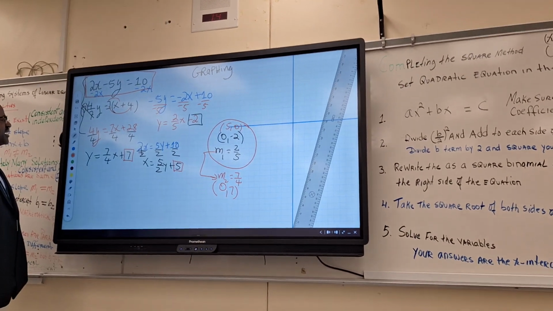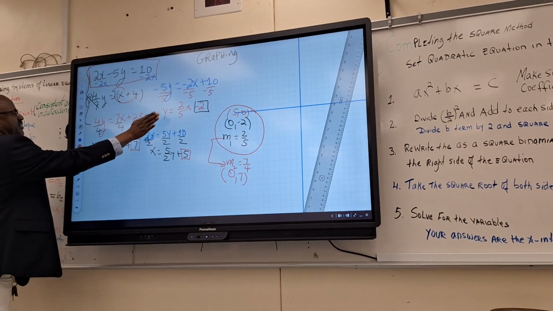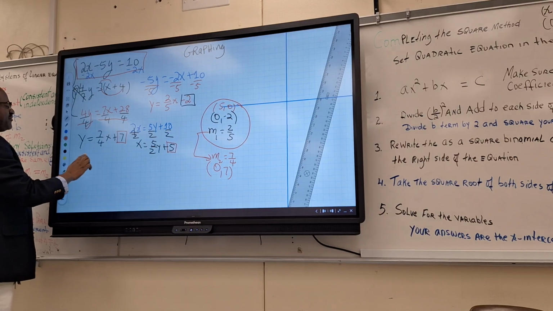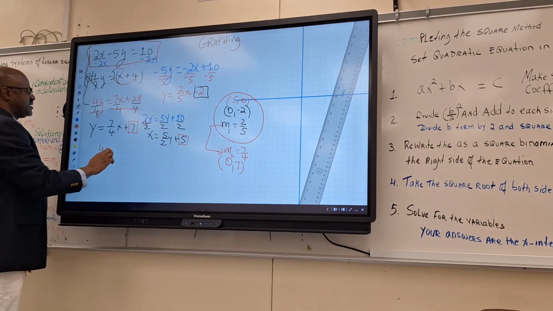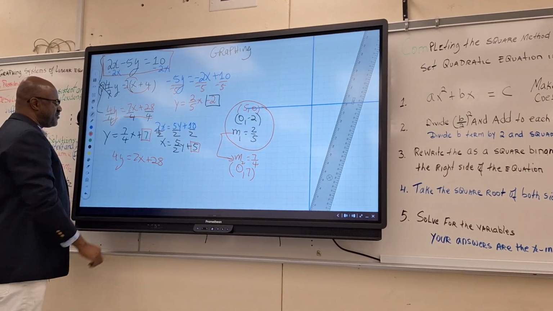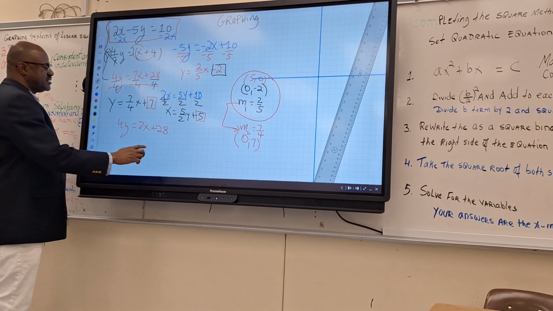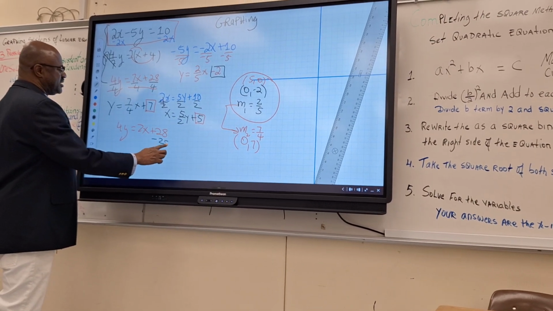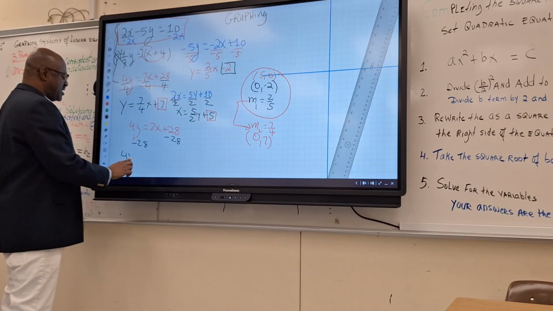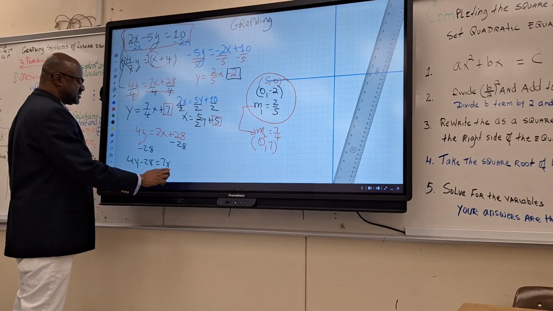Then how will you find x now? We can come here, right? If I was solving for x, where I have 4y equals 7x plus 28. If I'm solving for x, what should I do? Subtract 28. And I will have 4y minus 28 is equal to 7x.